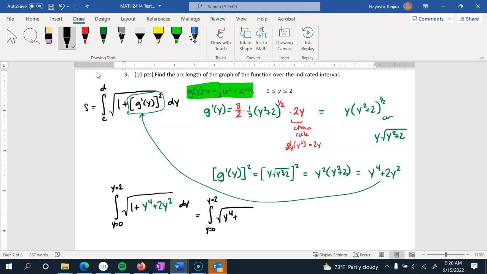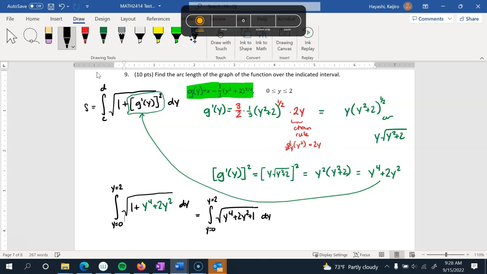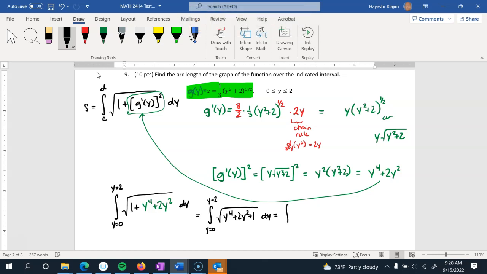Y to the 4th plus 2y squared plus 1. This is a perfect square trinomial. This is actually just y squared plus 1 all squared. And if you write it like that, you can cancel out the square with the square root, and you just have y squared plus 1.